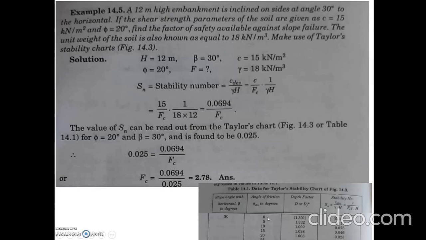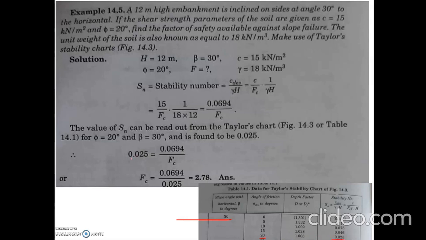To find the stability number, we will have to refer to this table, which will give us the value of Sn based on the value of beta and phi. So in the problem, beta given is 30 degree and phi is 20 degree. So for beta equal to 30 degree and phi equal to 20, we can get the value of Sn, which is equal to 0.025.